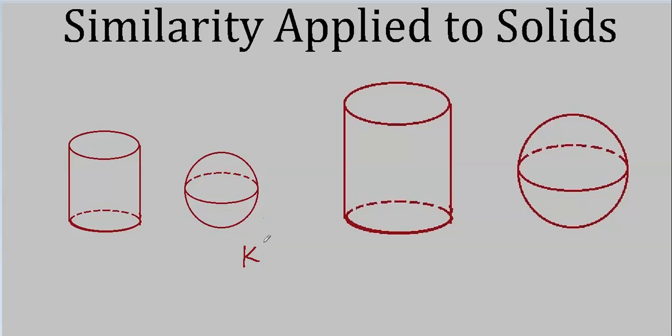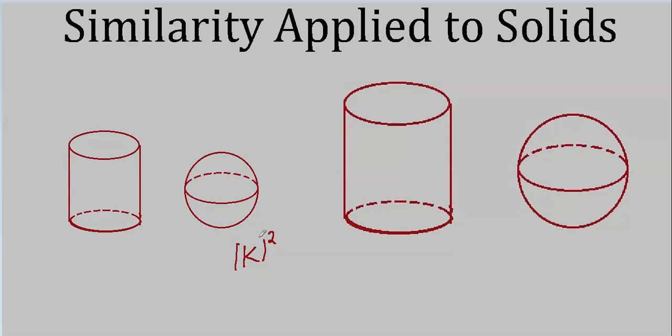What about the square measurements, like, say, the base of the cylinder, or the lateral surface, or the entire surface of the cylinder, or the surface of the sphere. What happens to those things when we use a scale factor of k to produce a similar solid? Well, we square it. For all the squared measurements, we square the scale factor.